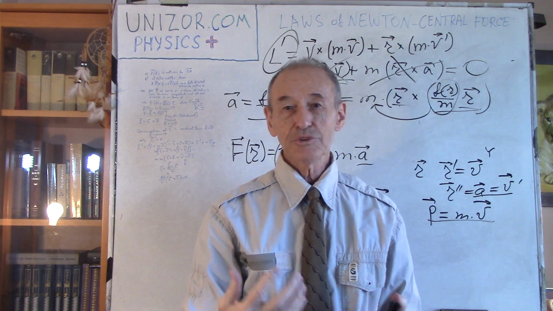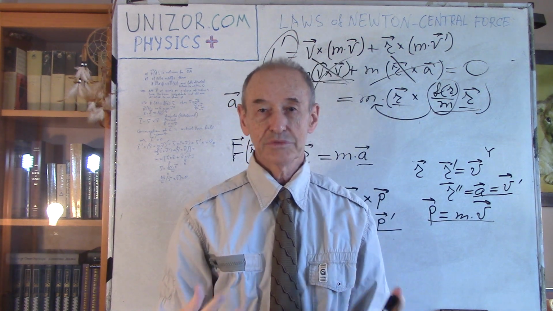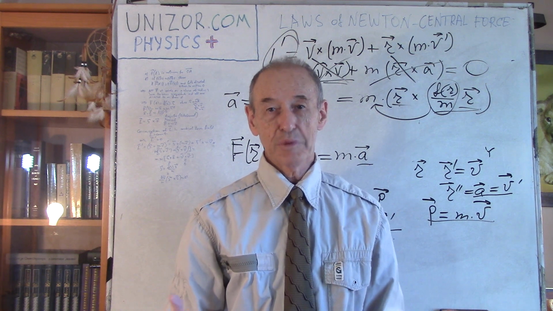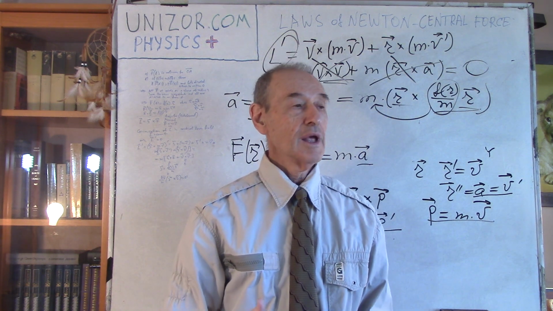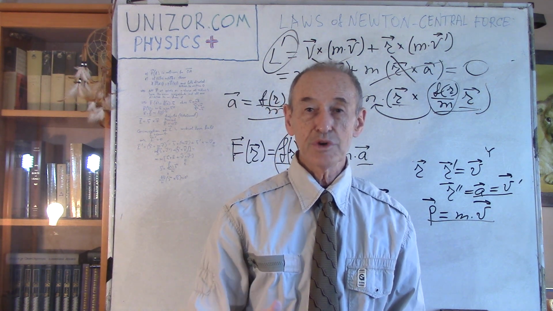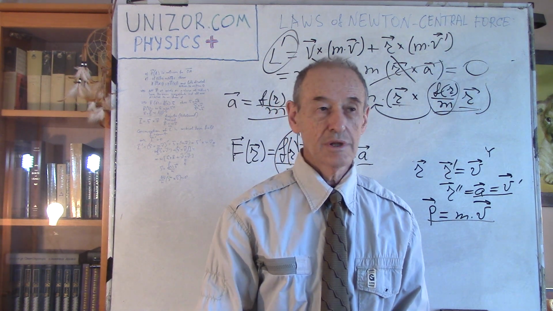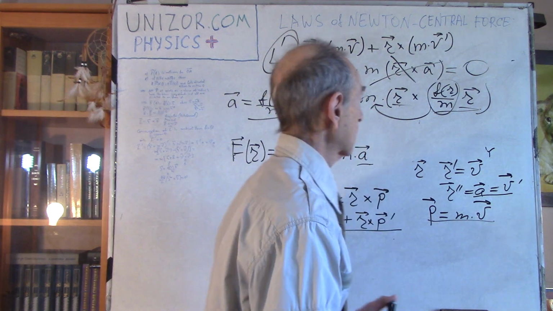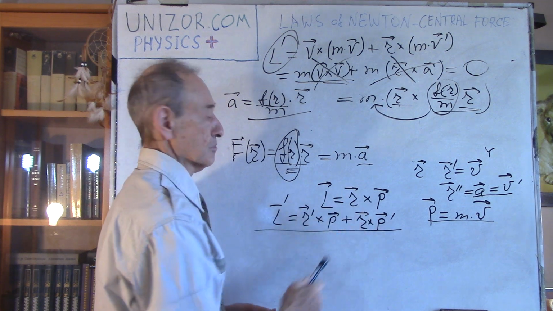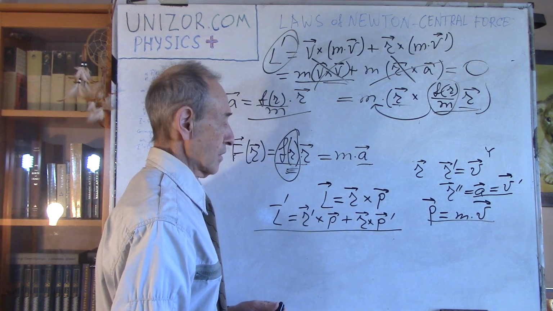And angular momentum is a measurement of the rotational thing. That's why it's called rotational momentum or angular momentum. So, as long as the force is central, it does not contribute to rotation. In this particular case, this quantity is preserved, and that's the law of conservation.